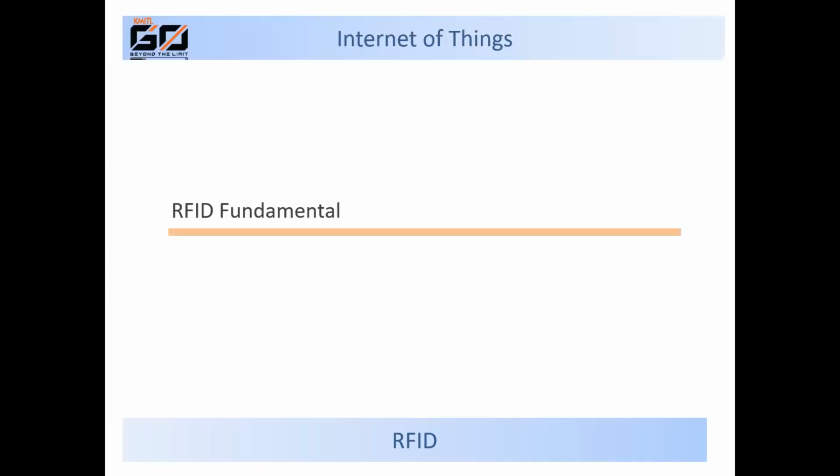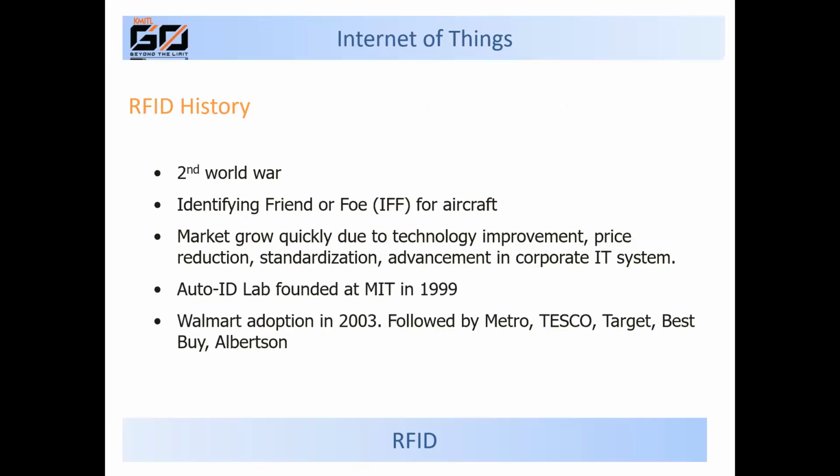I will go to the fundamentals of RFID. This is the core concept of it. It is not a new technology, you know, it happened a long time ago, in the Second World War, to identify friend or foe for aircraft. And then around the year 2000, it was found by MIT, the Auto ID Lab.